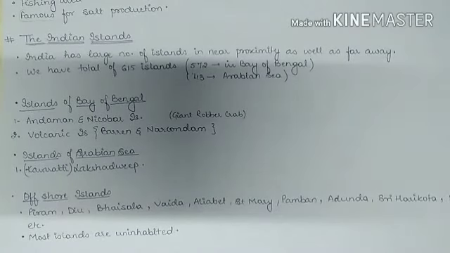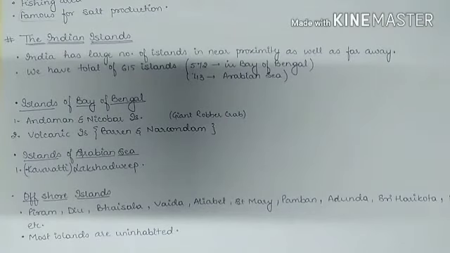Now the Andaman Islands are thickly forested and have rich marine life along the reefs. The islands are a bird watchers' paradise because we have about 242 species of birds here.